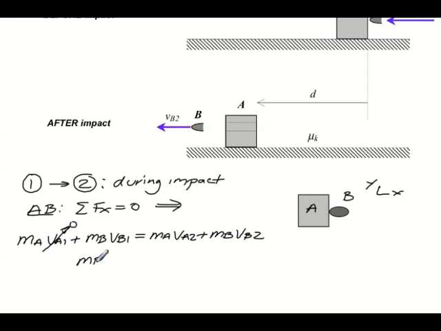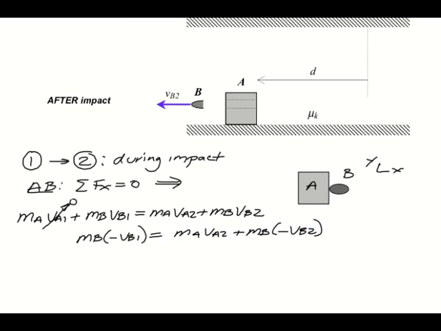On the left-hand side, since B is moving in the negative X, I'm going to put a minus sign in front. We also know what VB2 is doing after impact. So I can carry through on the right-hand side by writing this as MB times minus VB2, whatever, that's a known number.